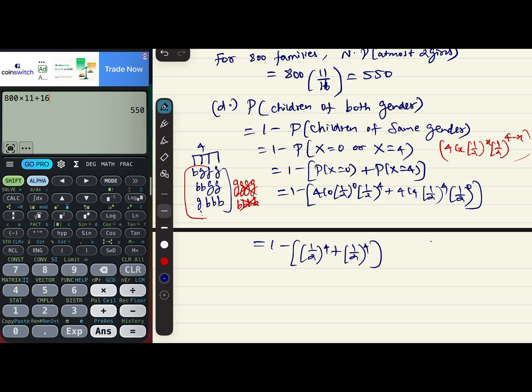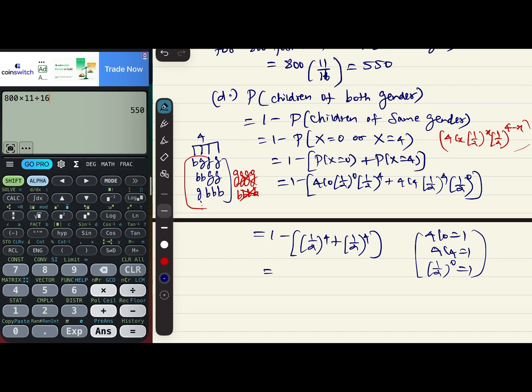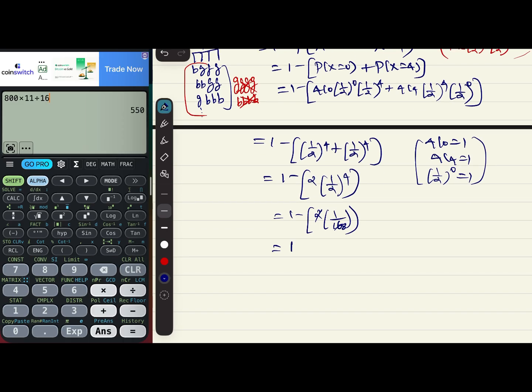Because we know 4C0 is 1, 4C4 is 1, and (1/2)^0 is 1. So all these terms are 1, and you get only (1/2)^4 in both the terms. That gives 2 times (1/2)^4, which is 2 into 1 by 16. So it gets cancelled to 1 by 8. So you have 1 minus 1 by 8.